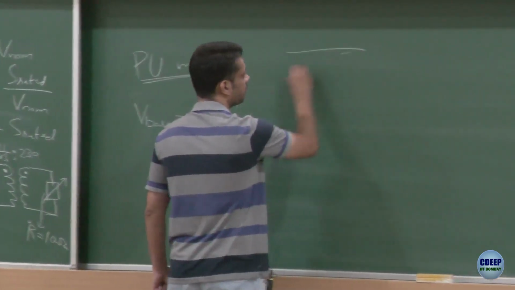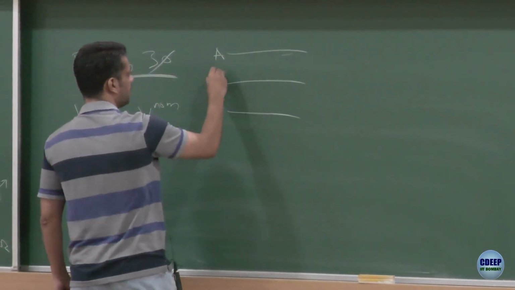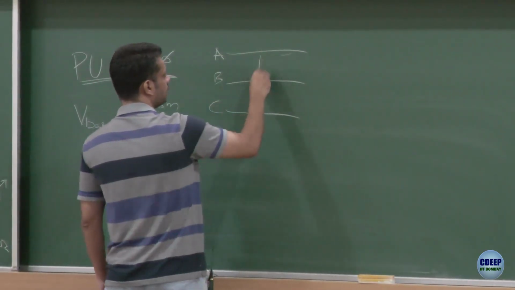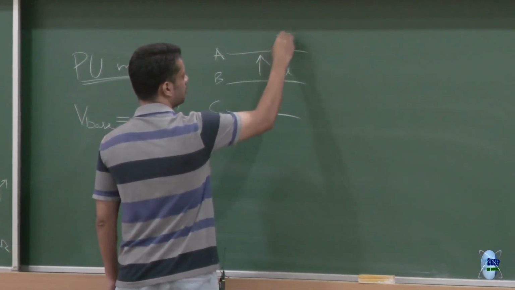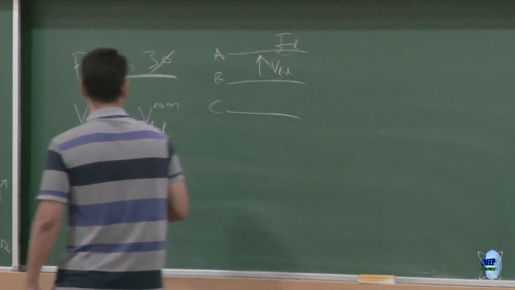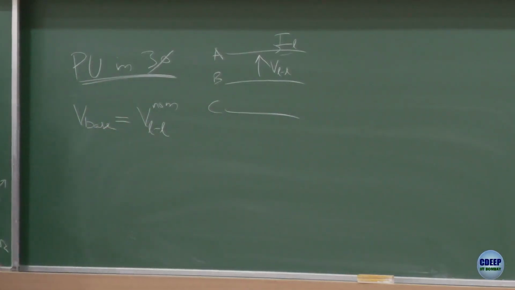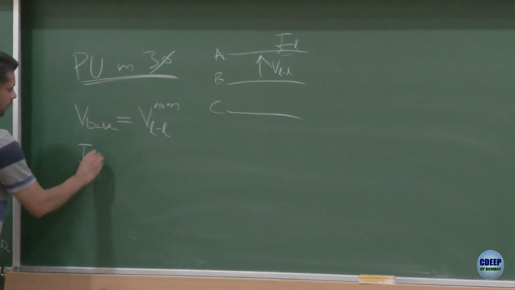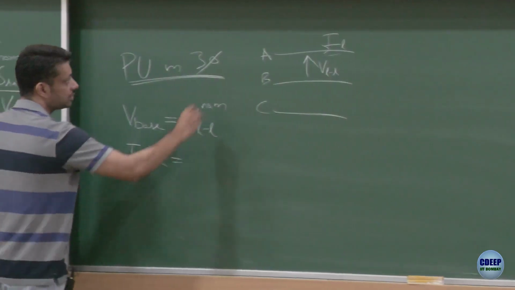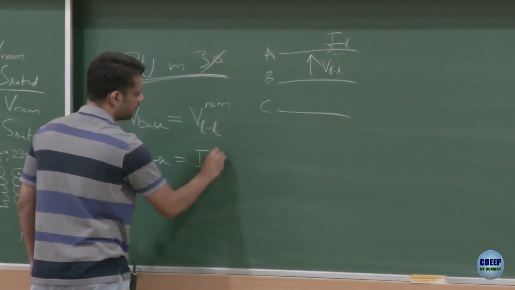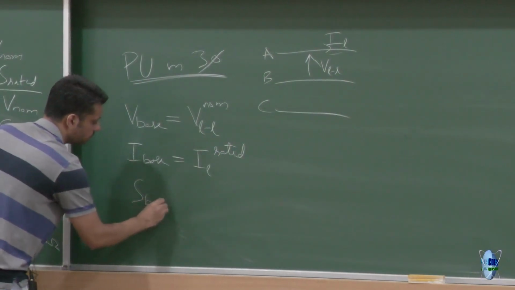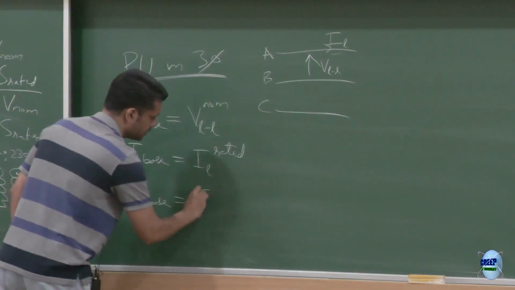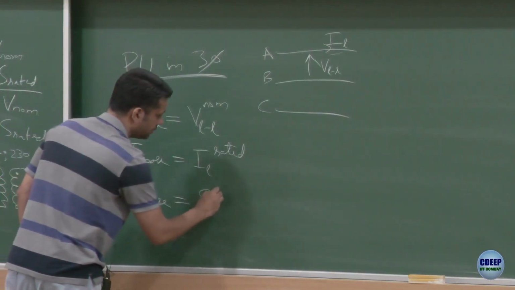So if you have 3 phases A, B, C, this is your V line to line, and let us say this is your line current. Then V base we define as line to line nominal. In single phase we define it as phase voltage nominal. Current base we define as I line rated. S base we define as S rated.